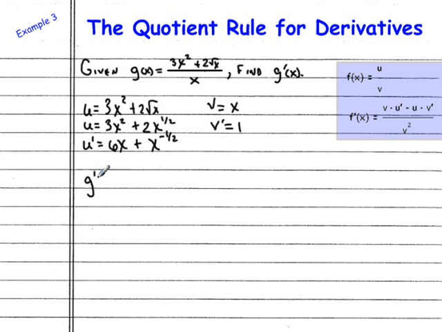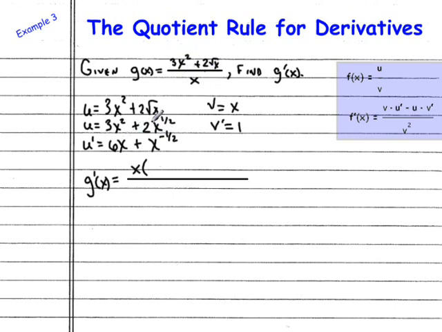G prime of x is equal to, let's see what we've got. It's going to be a fraction where the numerator is going to be denominator, that's v, times derivative of numerator. Now that's one we didn't do in our head.